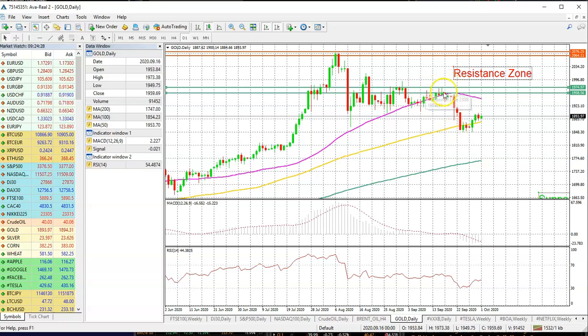So this particular area between 1958 and 1974 is highly likely to be the area if the price continues its momentum. Let's say the price continues its momentum from here to here, and then we are expecting the first profit taking to happen right over here, which can push the price to the downside.